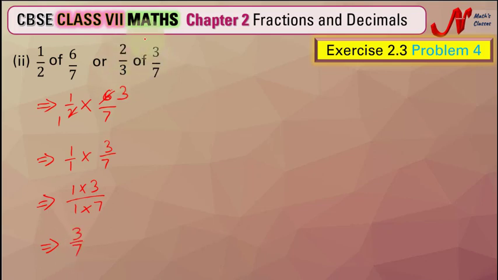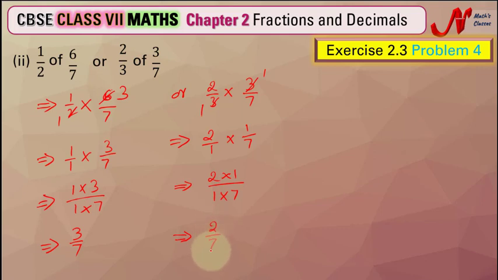Next, we simplify 2 by 3 of 3 by 7, which can be written as 2 by 3 into 3 by 7. Here cancellation is possible, so we cancel 3 ones are 3, 3 ones are 3, which implies 2 by 1 into 1 by 7, which implies 2 into 1 by 1 into 7, which implies 2 by 7.